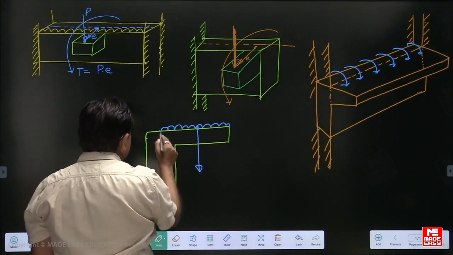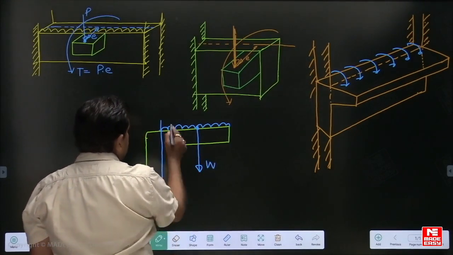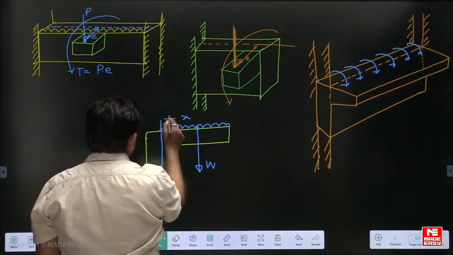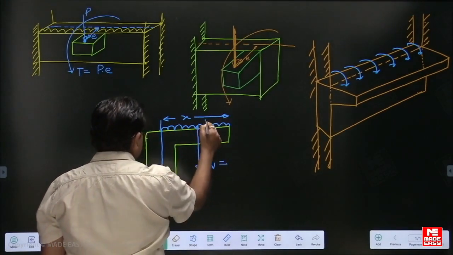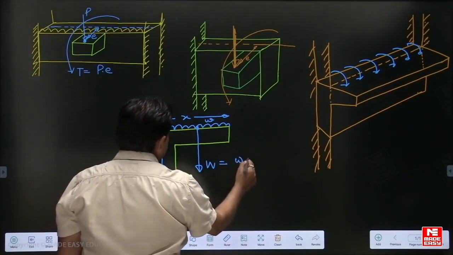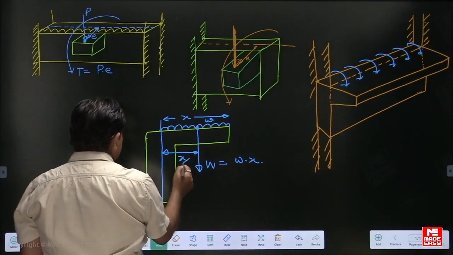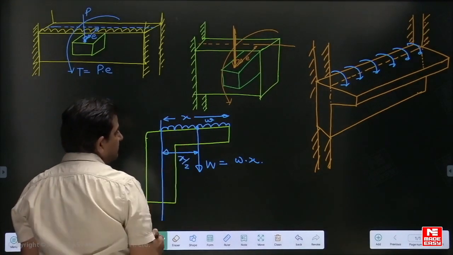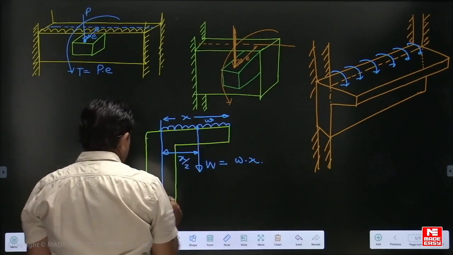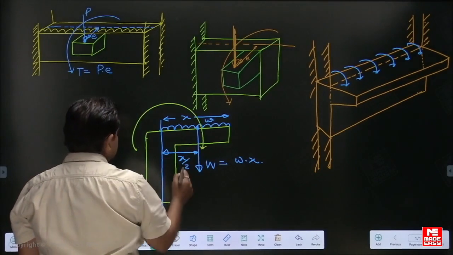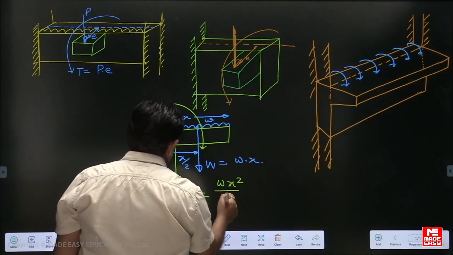Suppose the CG of this is acting here. Wherever this load is acting, suppose the total load is W and this length is X, then W will become the uniformly distributed load into X. If you multiply with this value, the lever arm is X by 2, so the torsional moment will develop in this direction and become Wx square divided by 2.